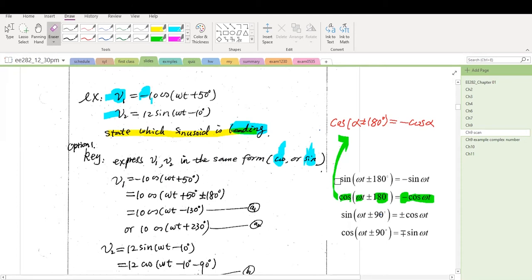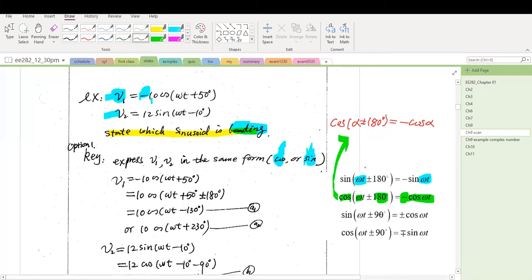And we want to use one of the formulas provided in the textbook. Here I want to point out the notation in the textbook is a little misleading. For example, this is omega t and this is omega t, and really this omega t is just a general argument.